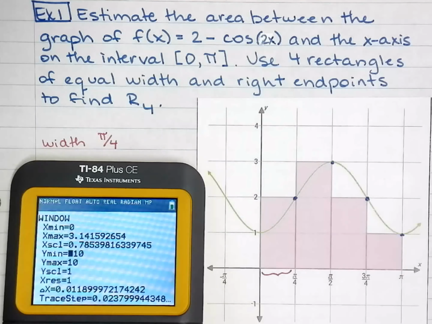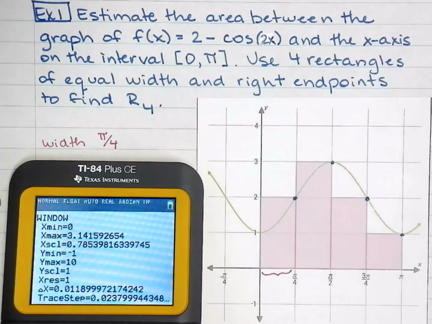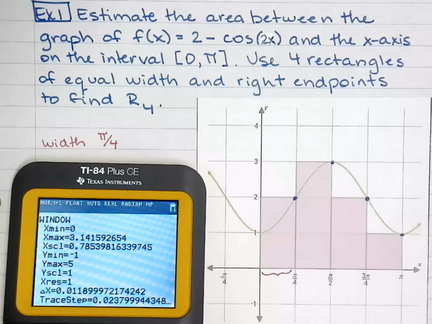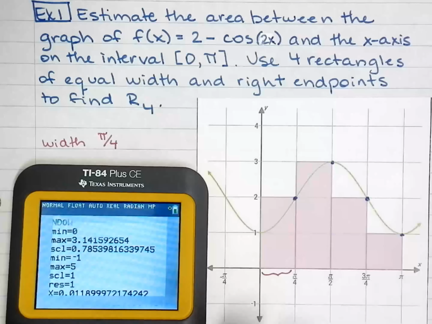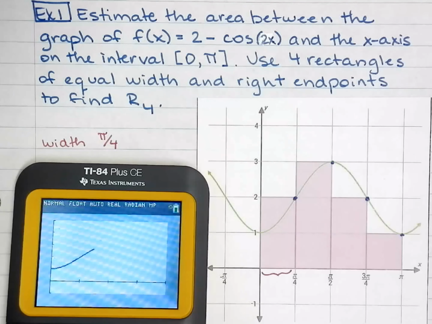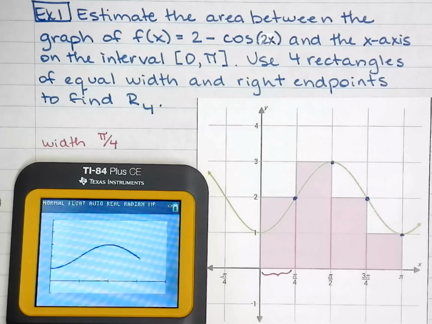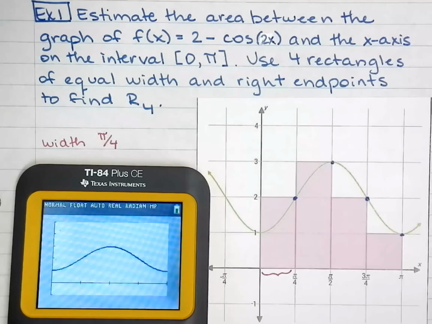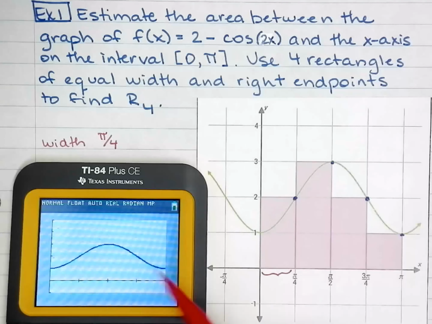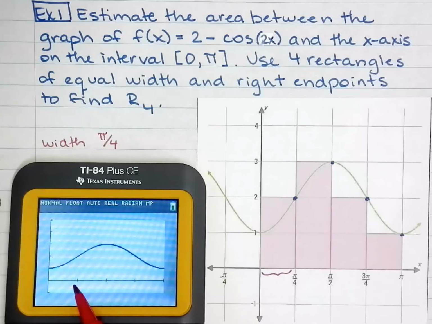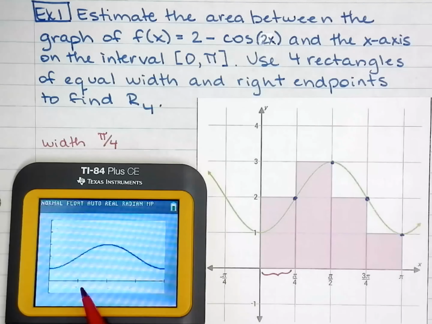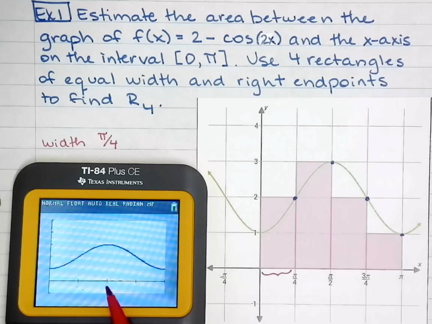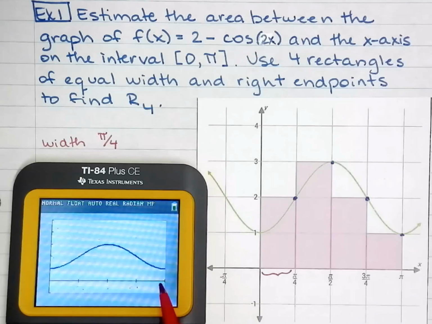The y, I just want to give anywhere between 1 and 5, even though I don't need it to be that much, but I just don't want it to be too small that I can't see. So this is what I have right there. This is 0, this is pi, and each one of these represents pi over 4. So pi over 4, pi over 2, 3 pi over 4, and then pi right there.